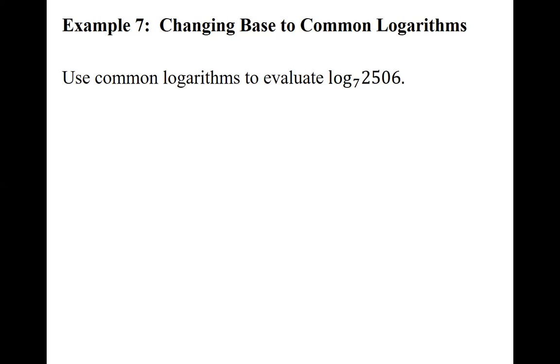So if we take the common log of the big number, the log of 2,506, and we divide by the log of the little number, the log of 7, that gives us 4.021996154, 4.02 on the calculator.